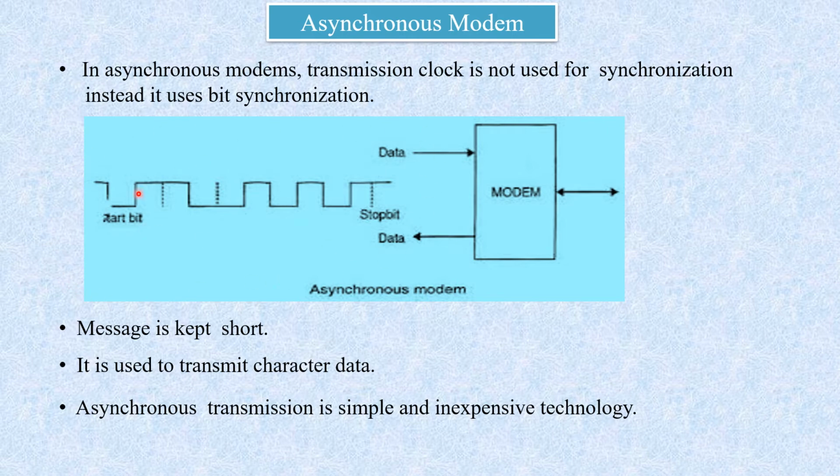It is used to transmit character data. Asynchronous transmission is simple and inexpensive technology. It does not use a transmission and receiver clock. Instead, the internal clock of the computer is synchronized with the leading edge of the start bit. The synchronization is done with the start bit and the internal clock of the computer.